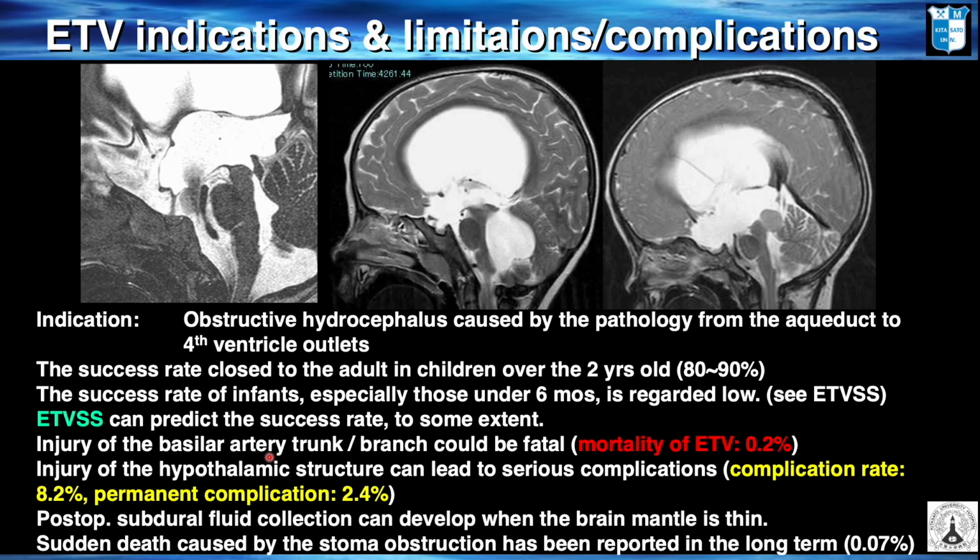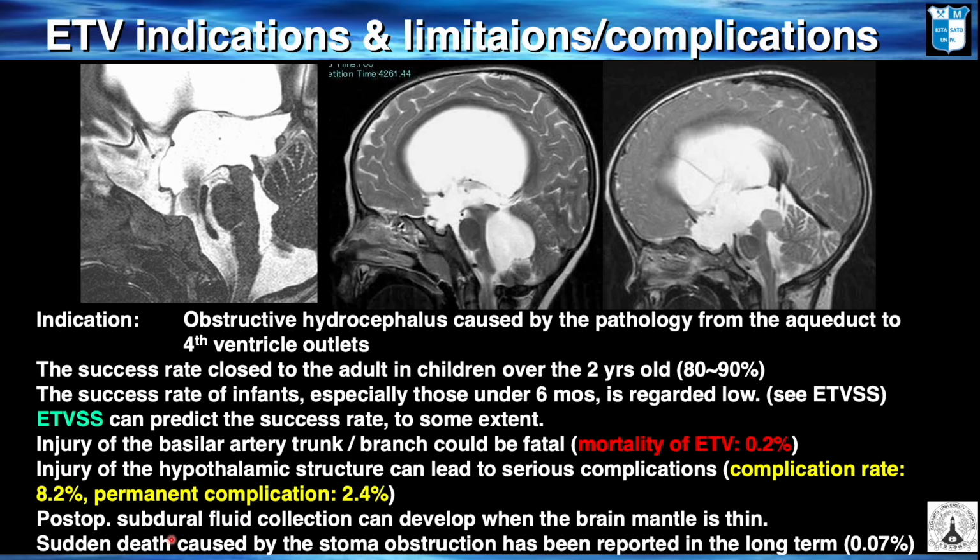And injury to the basilar artery trunk or branch could be fatal. And the mortality rate of ETV is reported as 0.2%. And there's also some complication rate. It's about 8%, and the permanent complication is 2 to 3%. And post-op subdural fluid collection can develop when the brain mantle is thin.